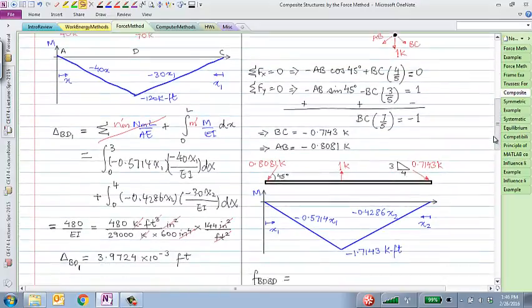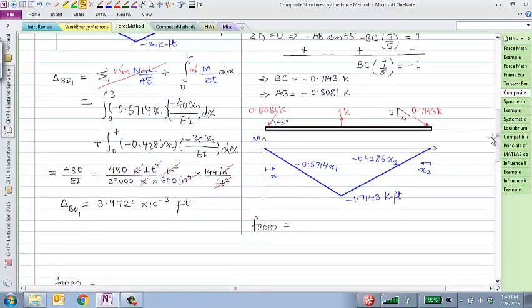And so if we apply the virtual work method, we'll have first to sum up through all the truss members, which gives us n squared L over AE. Does everyone see where this is coming from?